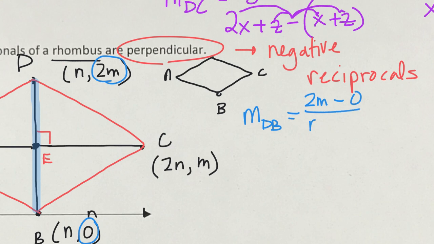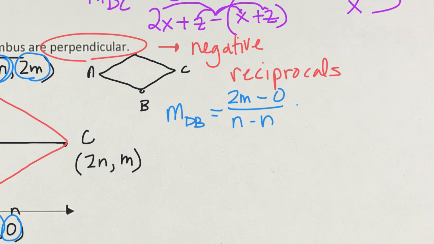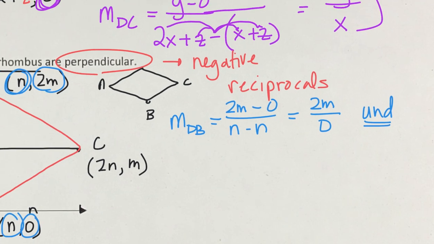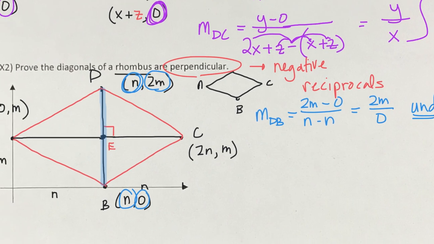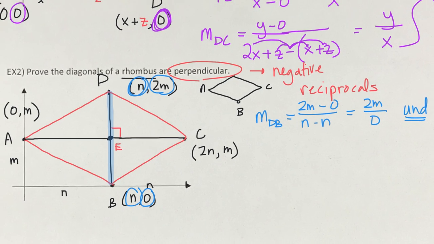And we have n as the x coordinate at D, and n as the x coordinate at B. So our slope is 2m over 0, which is, of course, an undefined slope. But 2m over 0 is the slope from D to B. Perfectly fine slope. Don't get upset because it's not a number. That is a perfectly happy little slope.